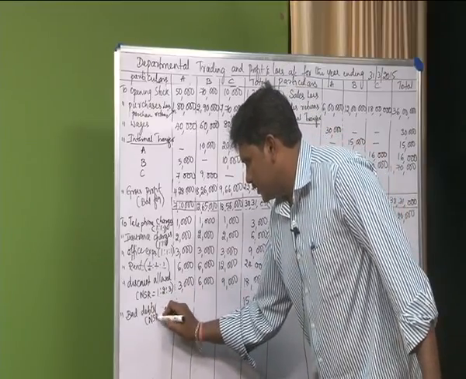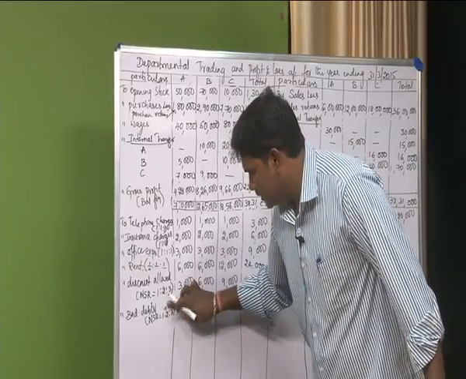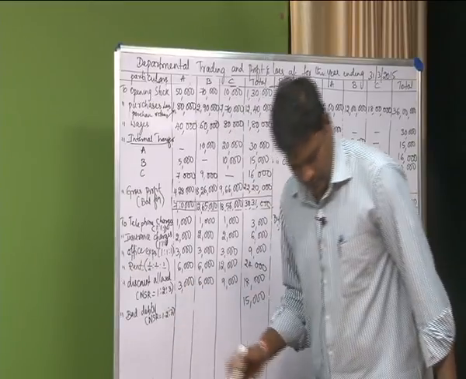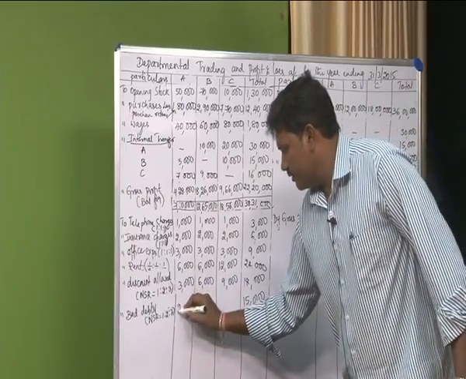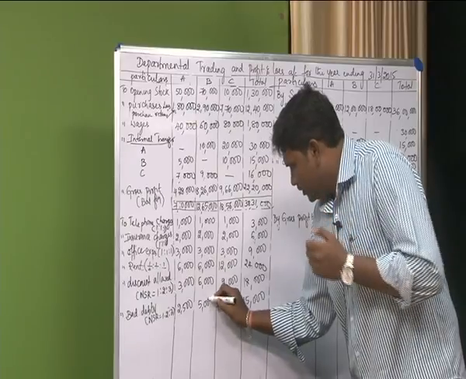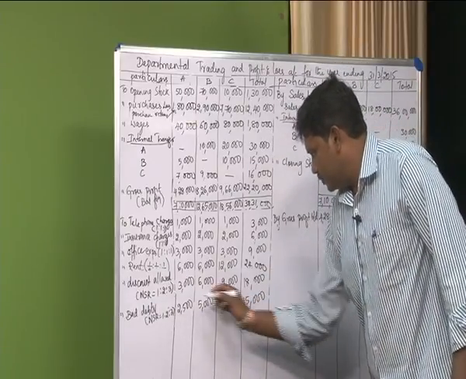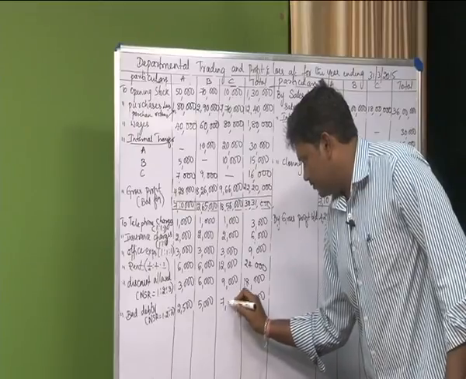Net sales ratio is 1:2:3. 15,000 into 2/6 is 5,000, and 15,000 into 3/6 is 7,500.